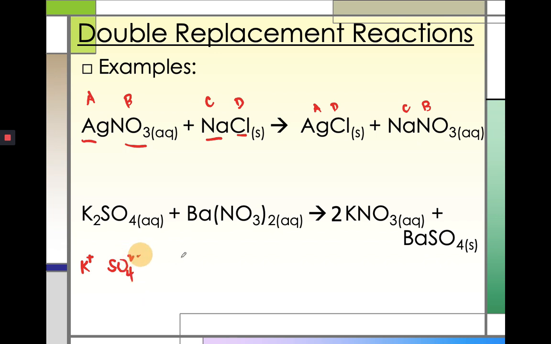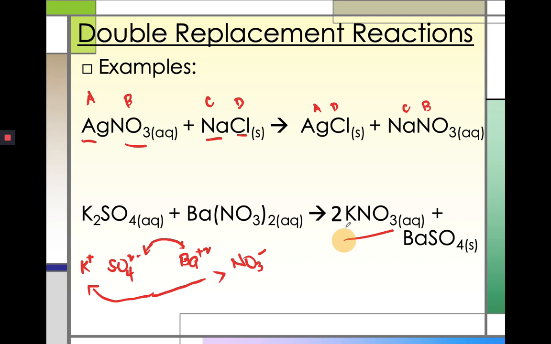And then barium nitrate: barium has a charge of plus 2, and the nitrate ion has minus 1. Once they exchange partners, it's like the FOIL method in math. First, outside, inside, last, if I remember it correctly. So potassium will react with the nitrate ion, so it ends up with KNO3.